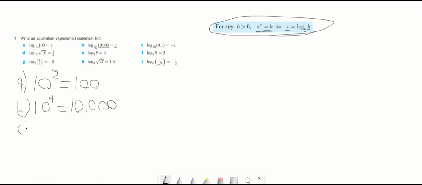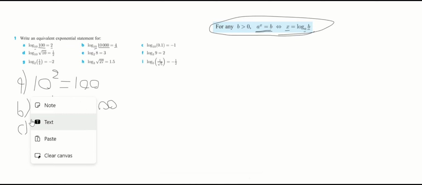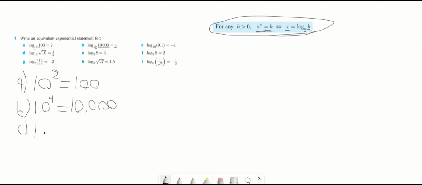Awesome. So then we go to c, base 10, so a is 10, x is negative 1, so to the power of negative 1, equals 0.1. This makes sense because a negative exponent means a reciprocal, so it'd be 1 over 10, which equals 0.1.